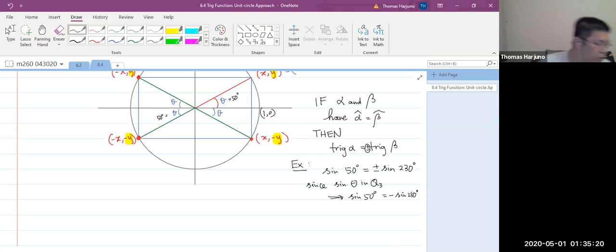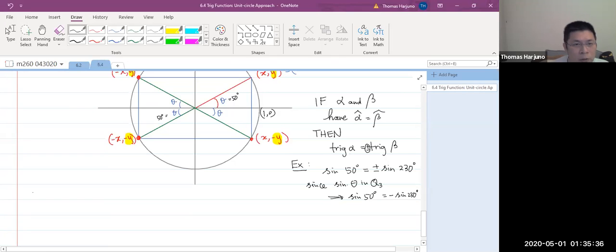Now we will use this idea to answer a lot of questions. We can find the value of trig functions of special angles in quadrant 2, 3, 4. Call this example 2.